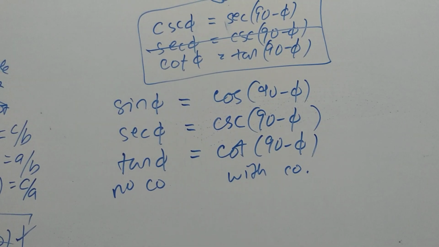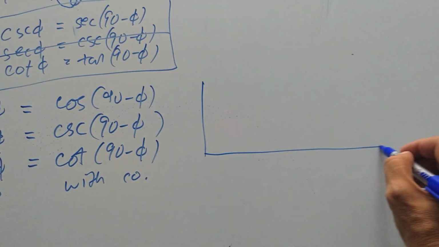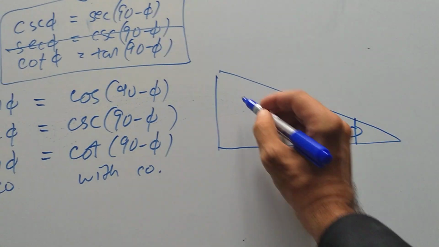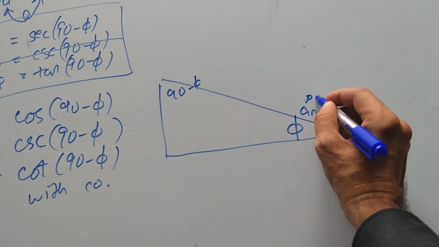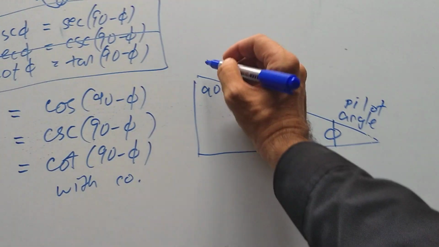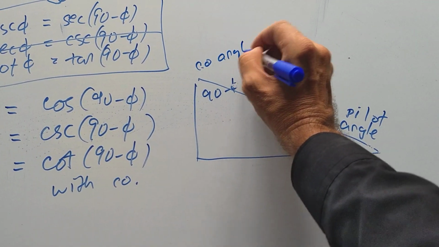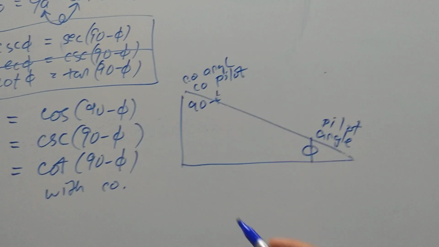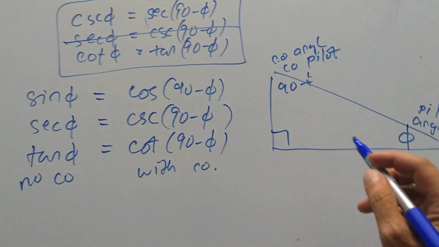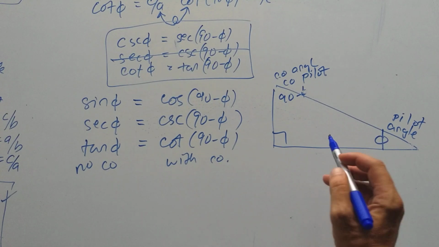And what does all this mean? Let's draw a picture. Watch. Phi, 90 minus phi. Here my angle, here my pilot. My angle, that's my analogy. Here's my co-angle, my co-pilot. You see? Okay, so look at the interpretation of this. Let's zoom out and look.